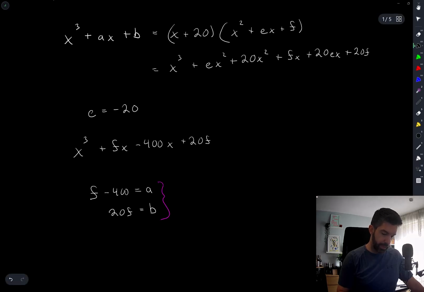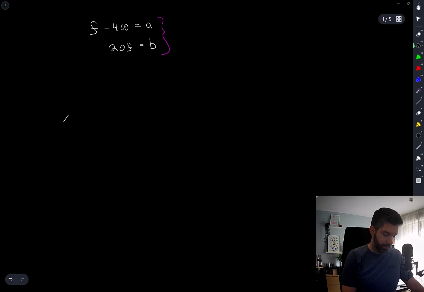Now let's do the same thing with the other polynomial. We have x cubed plus cx squared plus d. This is equal to x plus 21 times x squared plus gx plus h.